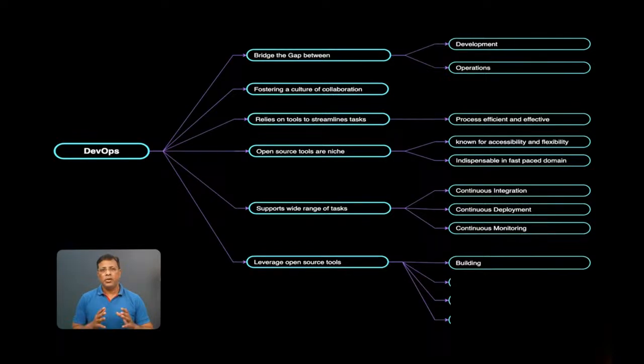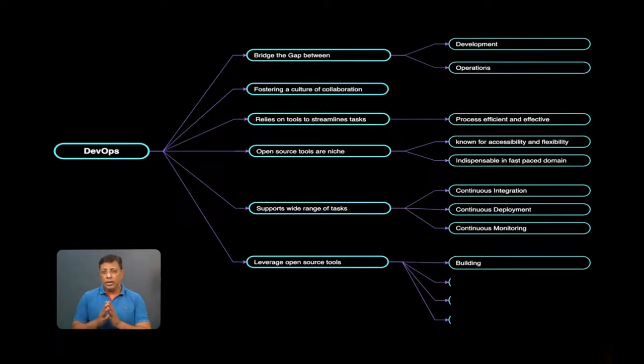DevOps engineers leverage these open source tools for a multitude of tasks such as building, testing, deploying, and monitoring applications. This not only contributes to the evolution of modern software development and IT operations, but also ensures effective application management.